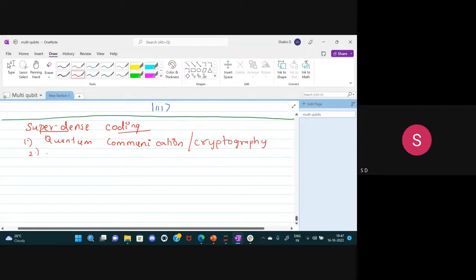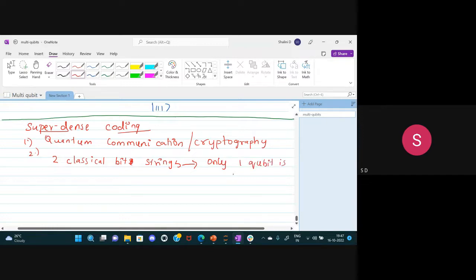The second point we have to remember is, if we need to send two classical bit strings, we can send them by using only one qubit.